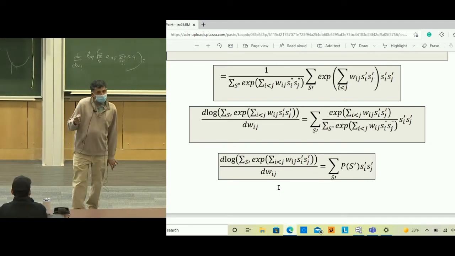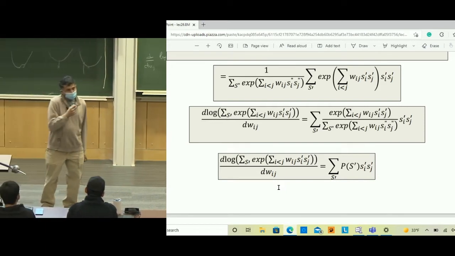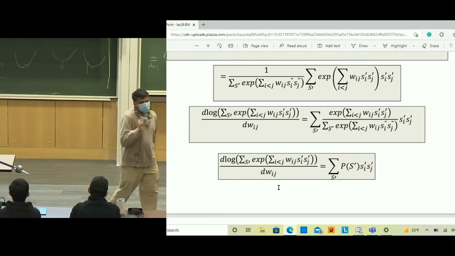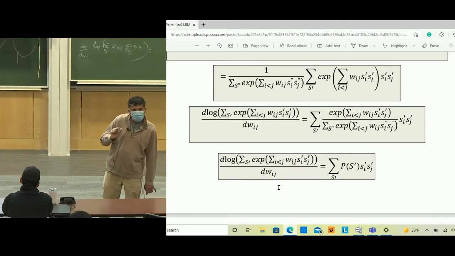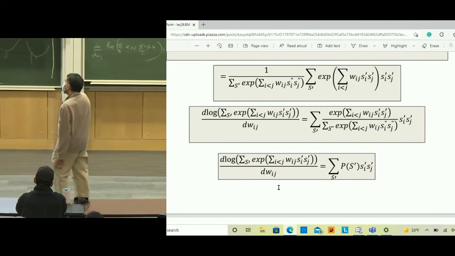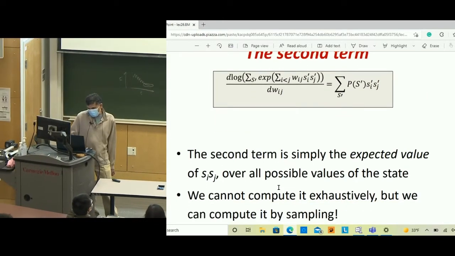That's basically for every state, I take the product of these two bits, weighted by the probability of the state and sum it all up. That's the expected value of the product of those pair of bits.